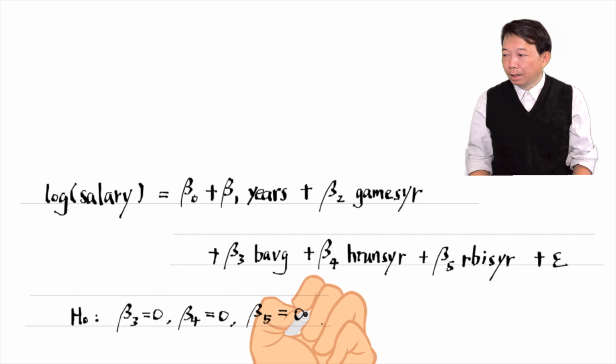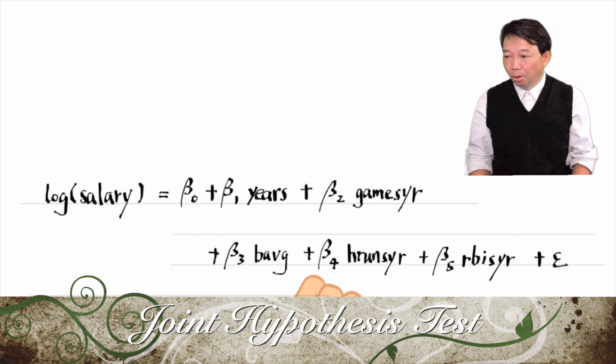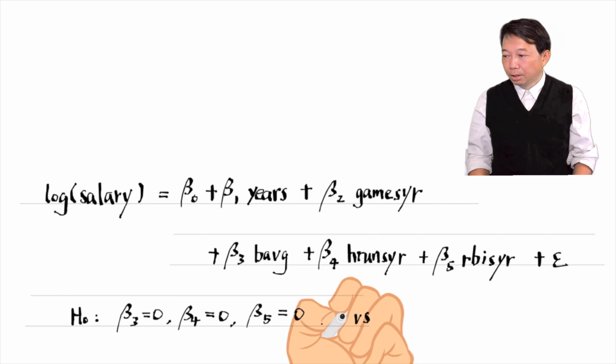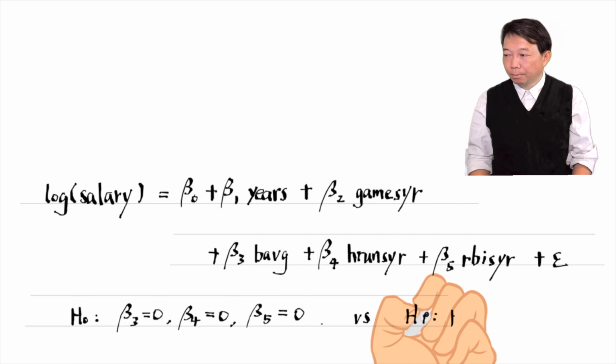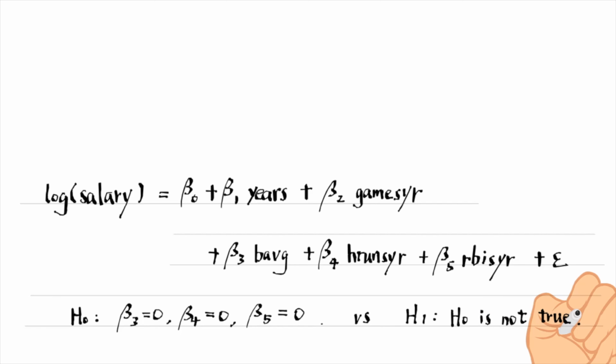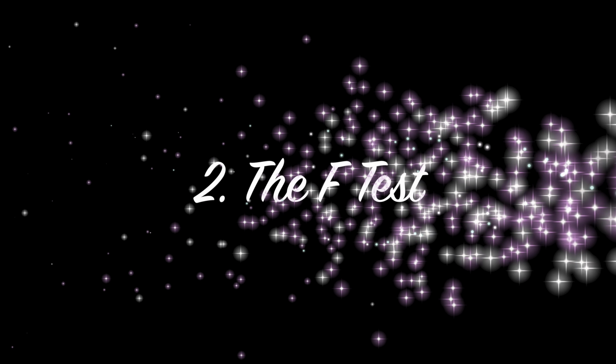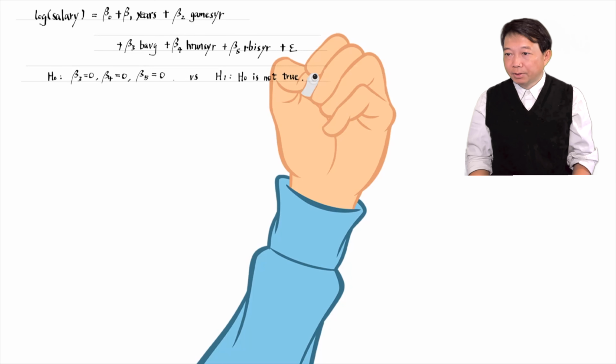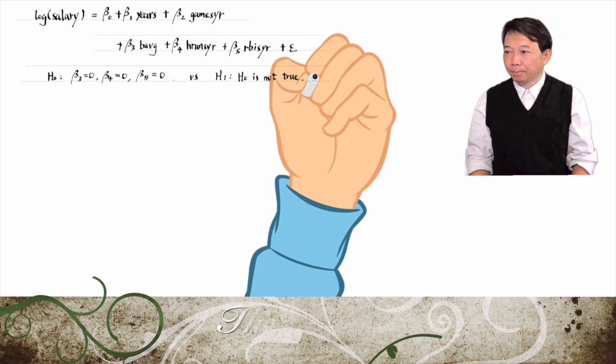The hypothesis test for multiple exclusion restrictions is called the joint hypothesis test, or the multiple hypothesis test. The alternative hypothesis is stated as the null hypothesis is not true. The joint hypothesis test for multiple exclusion restrictions is called the F-test.